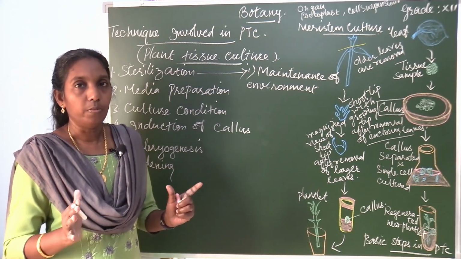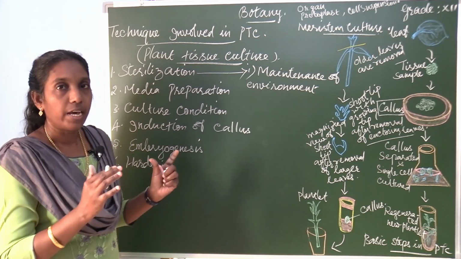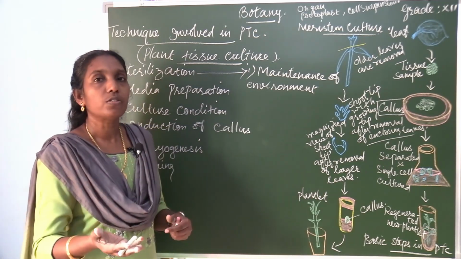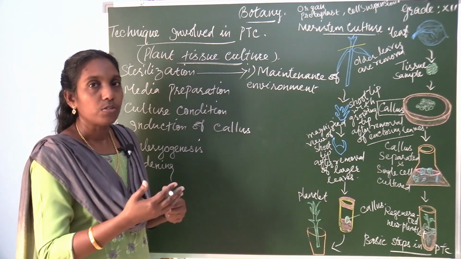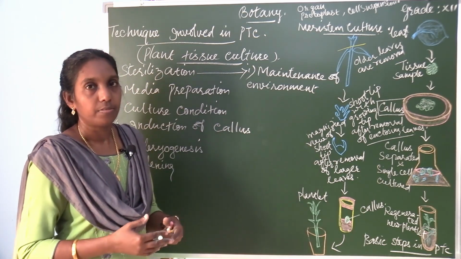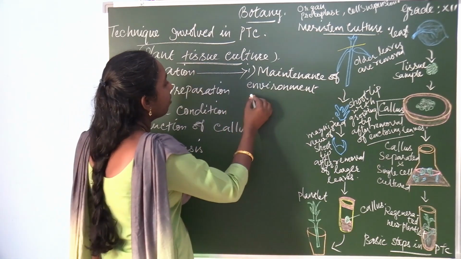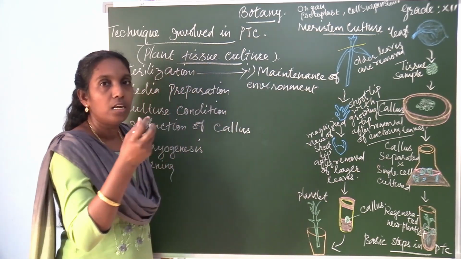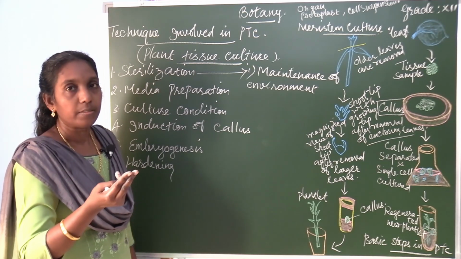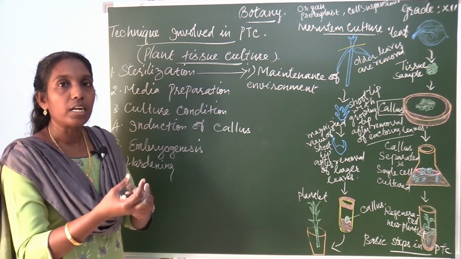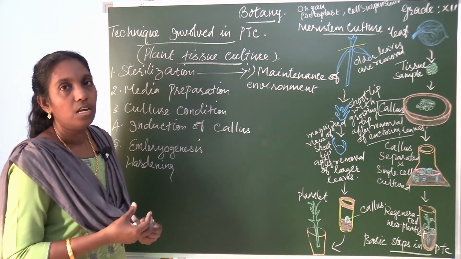So the culture room, the area selected for culture, is sterilized, and all the equipment used for culturing the plant, including the forceps. What are the things necessary for this? To take the explant, we do not take it in our own hand.